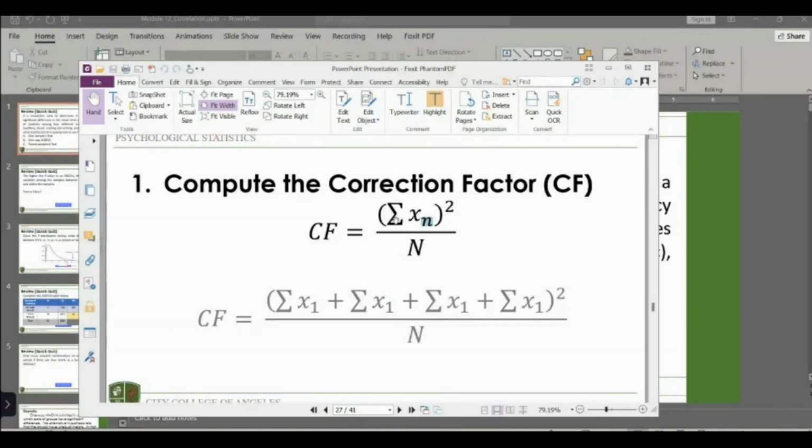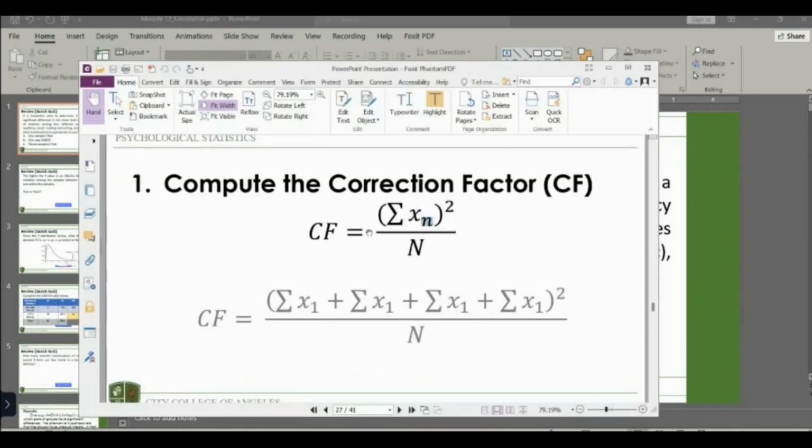All you have to do is to get the sum of all the raw ages of the teenagers over the number of teenagers involved. Okay? The raw ages, not the square.